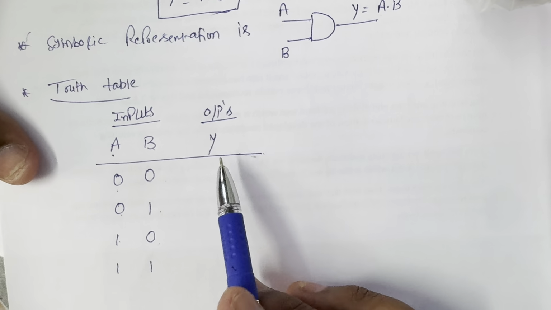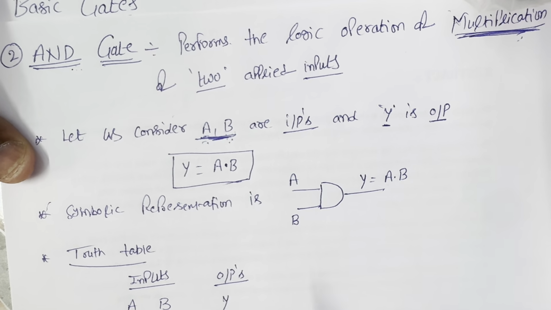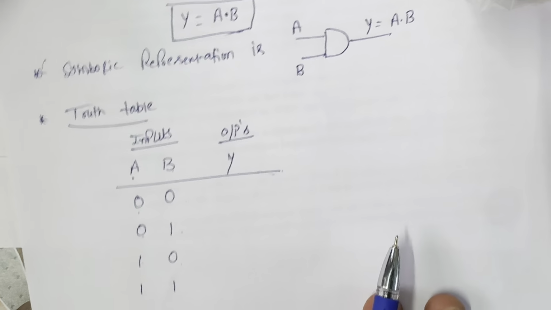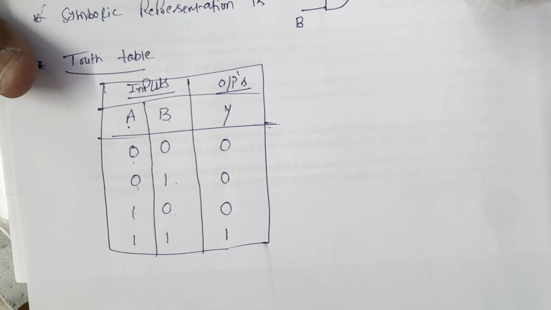For the output, the AND gate performs multiplication, so 0 into 0 is 0, 0 into 1 is 0, 1 into 0 is 0, 1 into 1 is 1. It is the truth table for the AND gate.